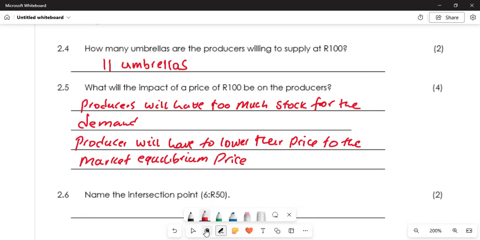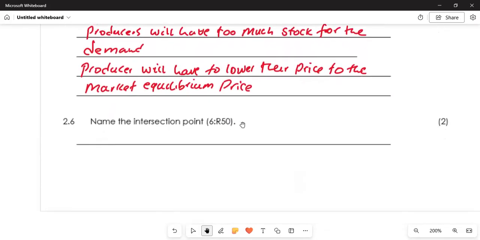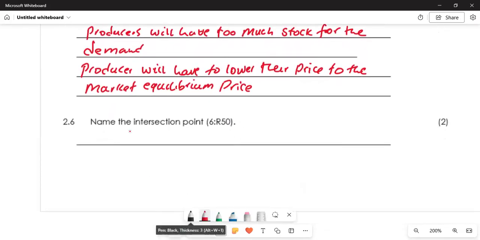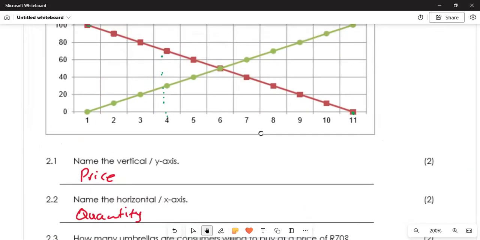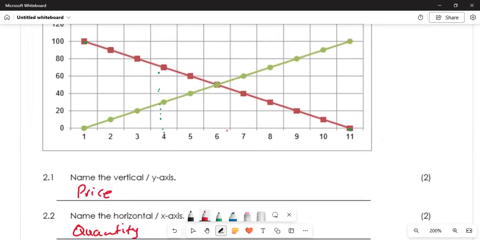Now we are moving on to 2.6. Name the intersection point of 6 to R50. Now we have to name this intersection. This is the intersection that you are asked to name.